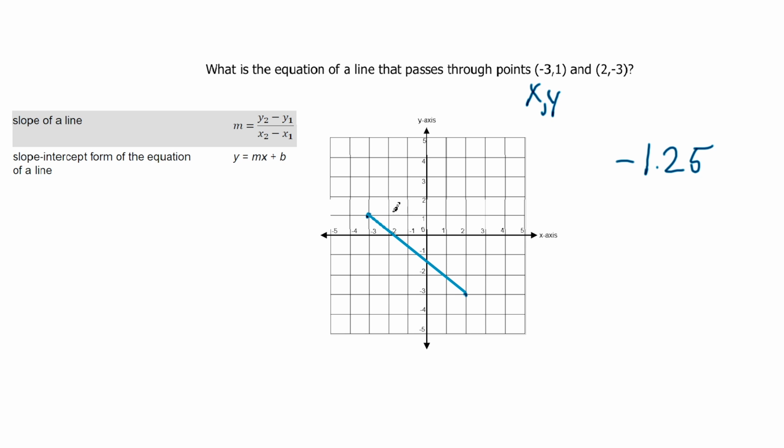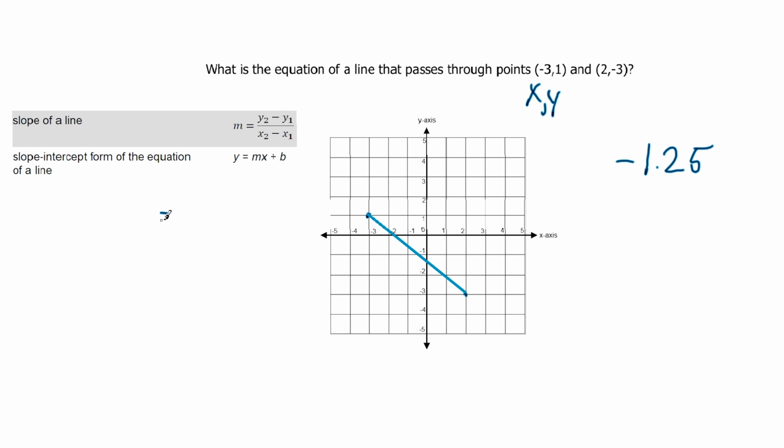Now we just need to find the slope of the line. And to do that, you use this formula here that will be on the formula sheet you have during the test. You just plug in y2 minus y1 over x2 minus x1. y2 is the y value for the second point, so it's this one right here, -3.